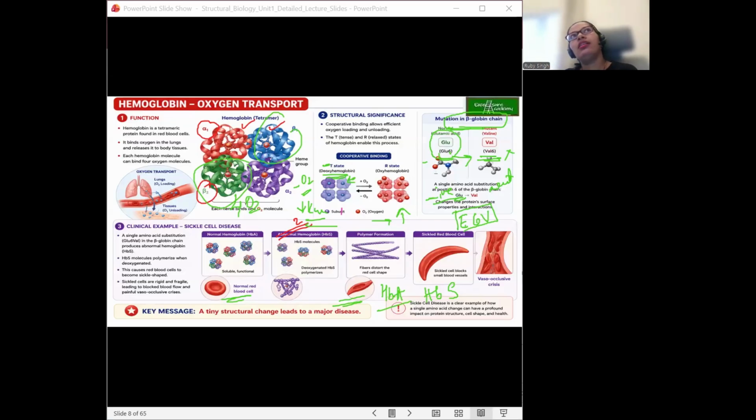So here we see how a single amino acid mutation has affected the entire RBC shape and function, leading to a disease. Certain drugs are available in the market which help patients survive and overcome the anemia.